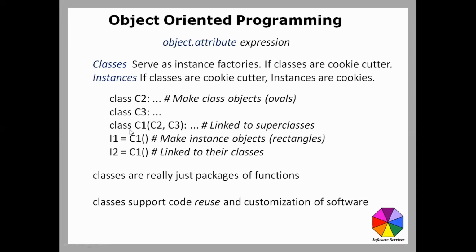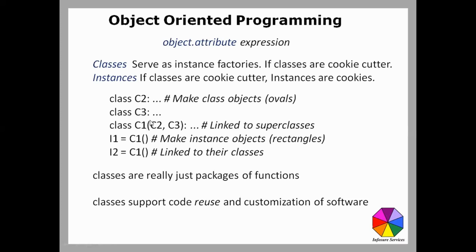Here I have the class keyword before the name of the class. How do you define a class? This is as simple as it gets: class is a keyword, one space, the name of the class, and a colon. Class C2, C3, like that.